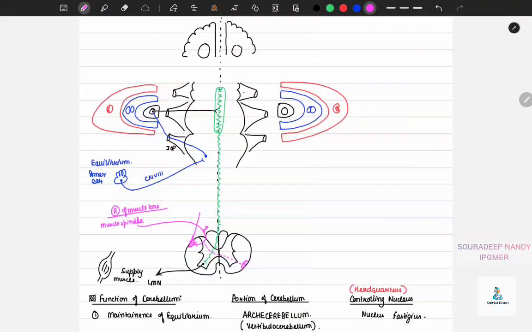The fibers of the posterior spinocerebellar tract ascend up to the level of the medulla. They pass through the inferior cerebellar peduncle and carry the information to the nucleus interpositus.